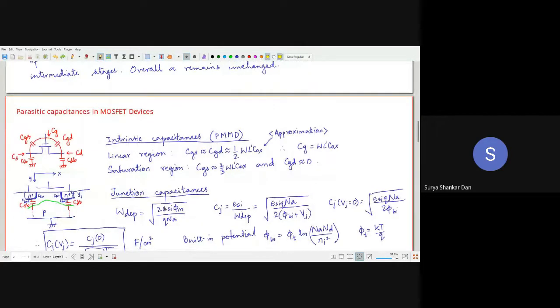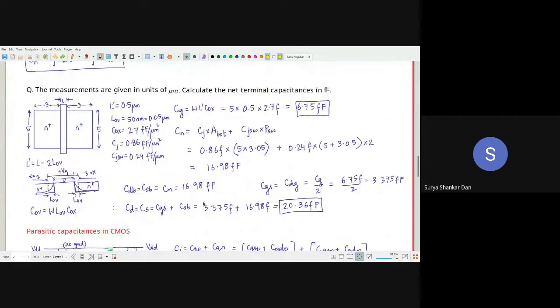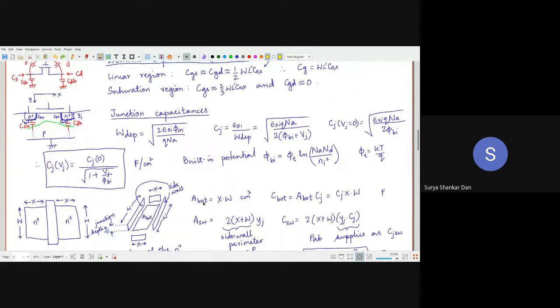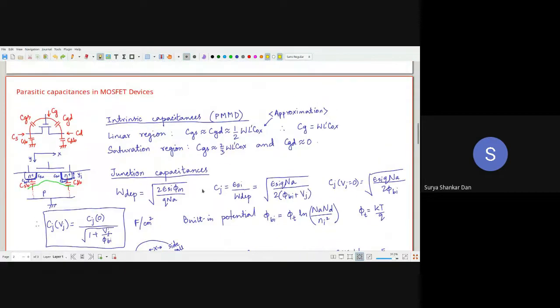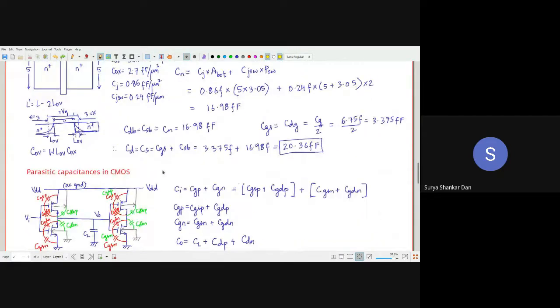All right, so just because the junction capacitance and all will take a longer time, I will dedicate it for Tuesday, but before that I'll conclude today's lecture with the intrinsic capacitances.